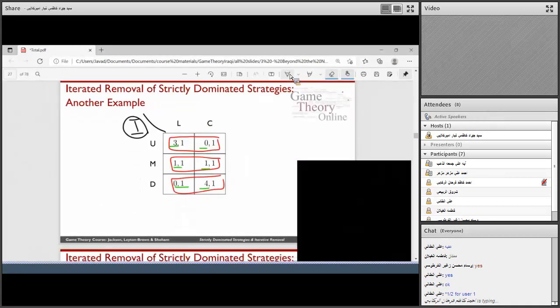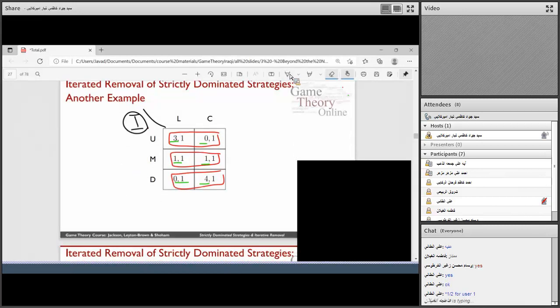Just compare the gains. If user 1 plays U, it gets 3. If user 2 plays L, it gets 0 if user 2 plays C. So these two, there's no dominant over there. I don't see anything dominant here. Interesting. I see. So for user 1, I don't find anything dominant. But let's see. Excuse me. Yes? In the previous example, before this page.